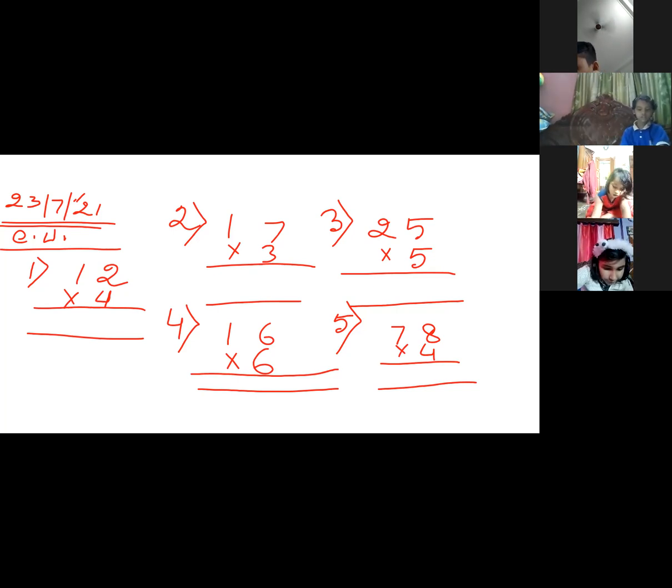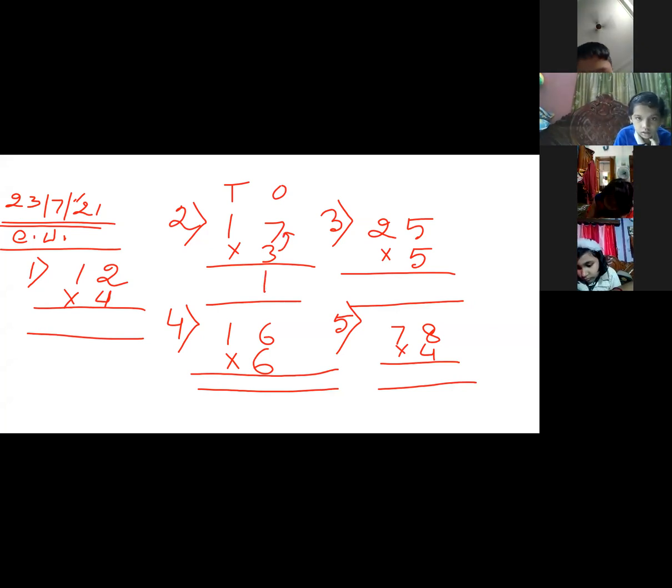Okay, now let me start the explanation. I'll start. Okay, all of you, look at the board. Basically, same thing, na? Ones place and tens place, same thing. So look, 3 sevens are 21. 1 will be there and 2 is carry forward.